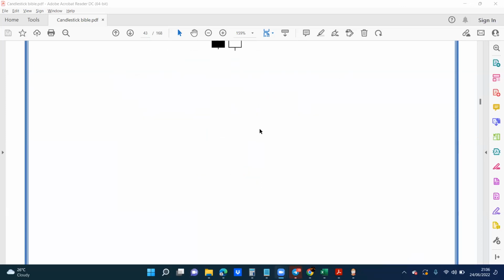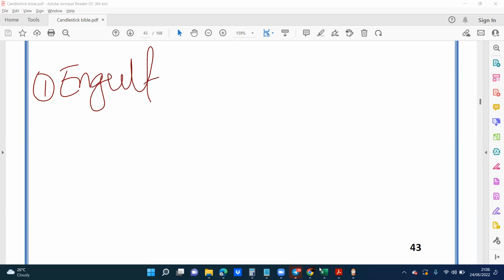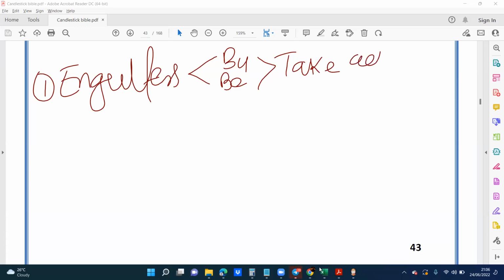So in summary, what have we looked at? Number one, we've looked at engulfers. And engulfers are divided into bullish or bearish engulfers. And we said engulfers are take action now candlestick patterns.